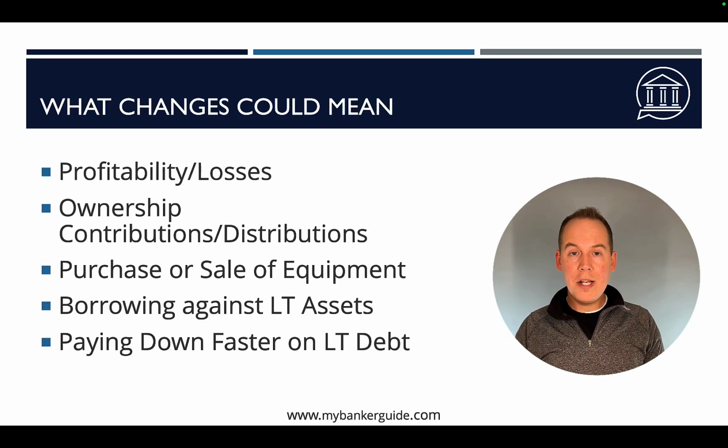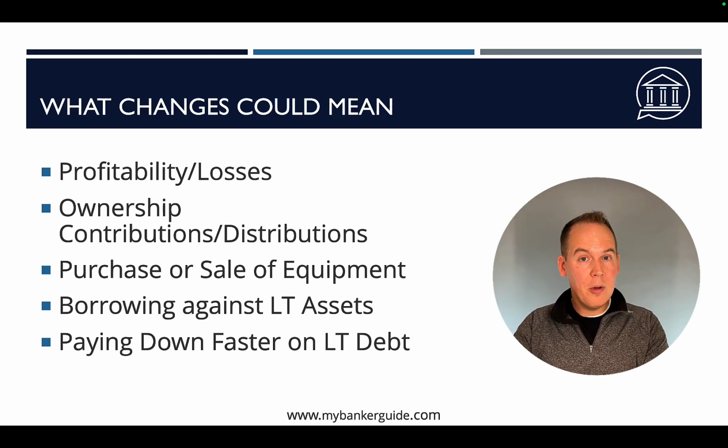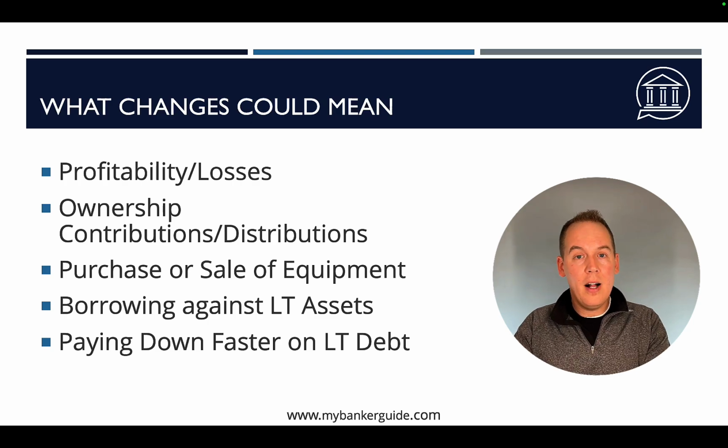So what can changes in the current ratio mean? At the beginning, I talked about how the current ratio is a really important ratio, kind of a unicorn in that you can see all of the good and bad that's happening inside of a company, and that is true. The reason why is because all of that stuff tends to flow through a company's cash on hand.